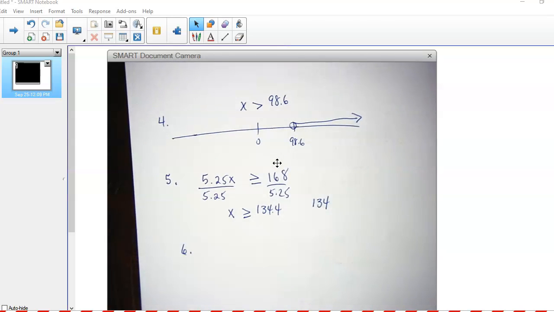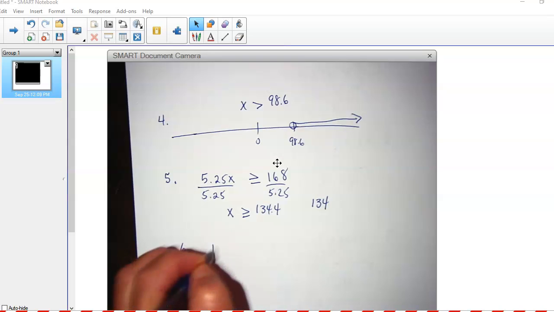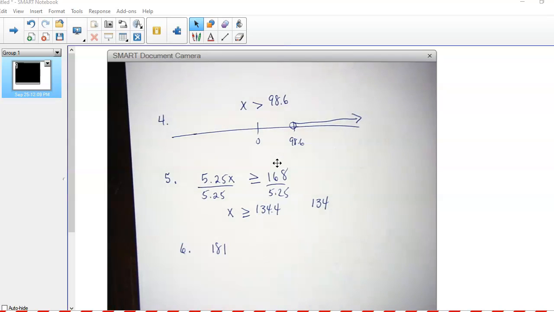Number 6. Tom has scored 181 points so far this basketball season. So he's got 181 points already. Okay? He needs to score 207 points to tie the school record for most points scored in a season. Write and solve and graph an inequality to show the least number of points Tom has to score to tie or beat the record. Okay?